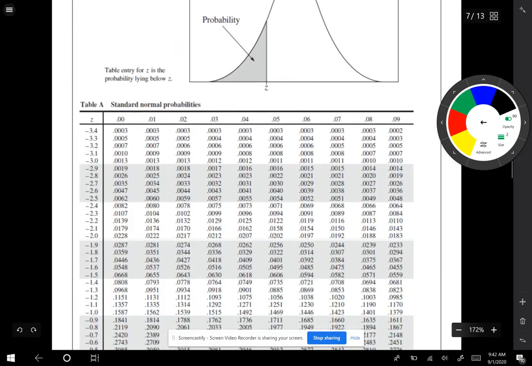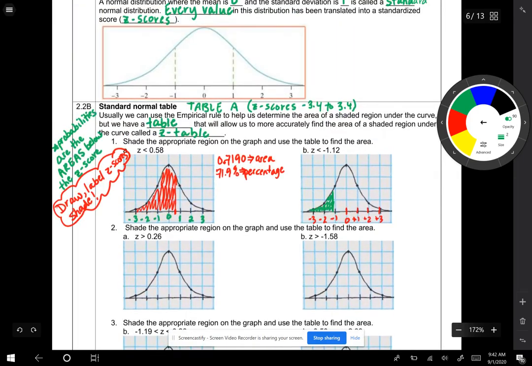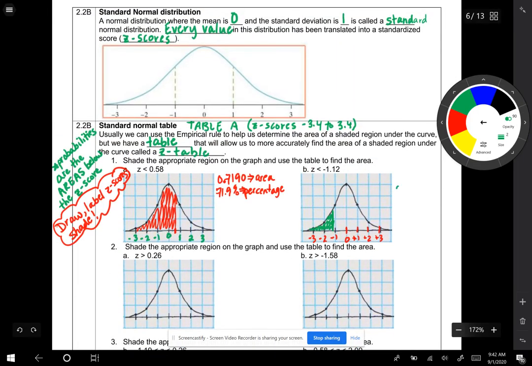Negative 1.1 would be right there, and then go over to 0.02. And the area is 0.1314, or 13.14%.